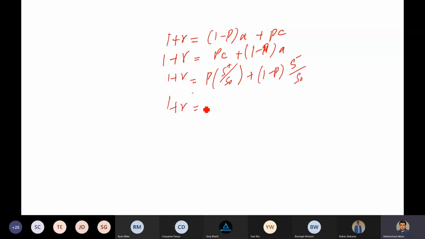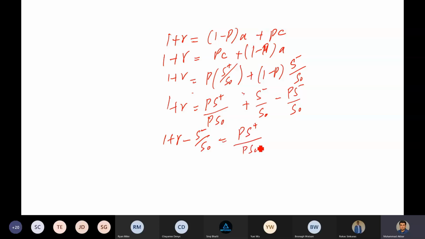So 1 plus R is equal to PS plus divided by S naught, and S minus divided by S naught minus PS minus divided by S naught. Now I can take this term to the other side, and it will become 1 plus R minus S minus divided by S naught, and I'll be left with PS plus divided by S naught minus PS minus divided by S naught.